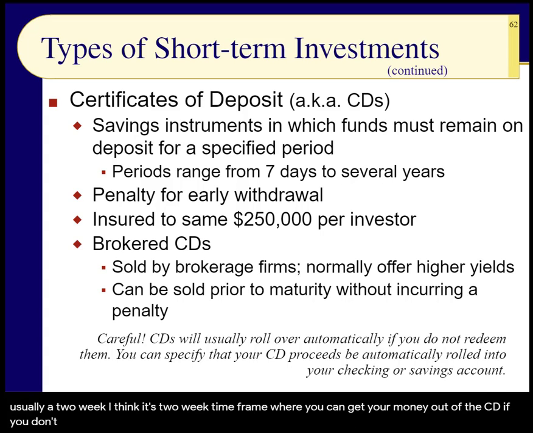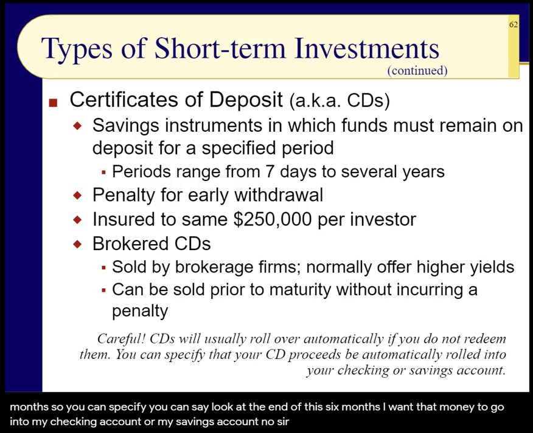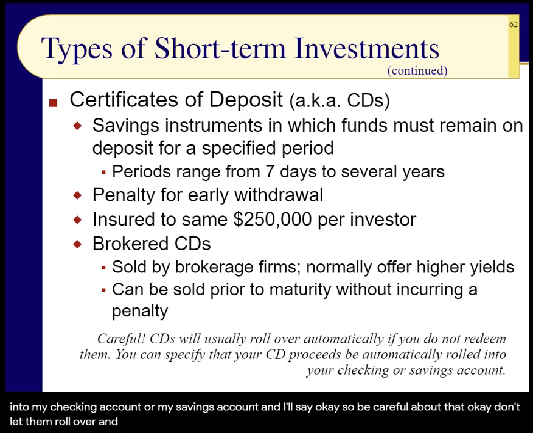If you don't do that, they'll automatically roll it over, which means it'll be stuck in there for another 6 months. So you can specify, you can say, look, at the end of the 6 months, I want that money to go into my checking account or my savings account. And they'll say, okay. So be careful about that, okay? Don't let them roll over. Unless you really want them to do it, then just don't say anything and they'll do it automatically for you.